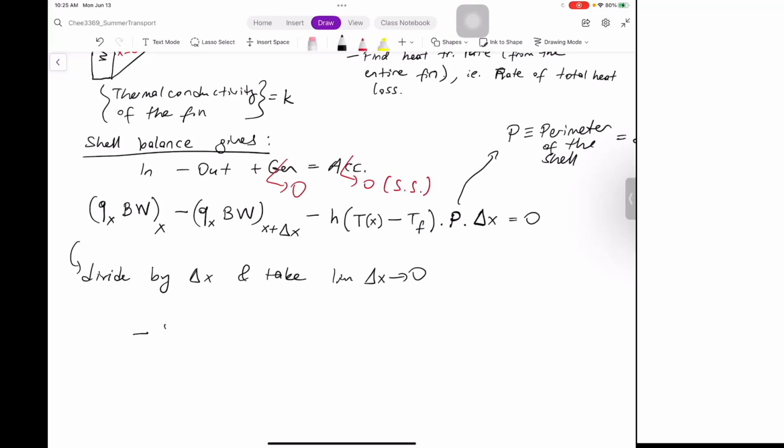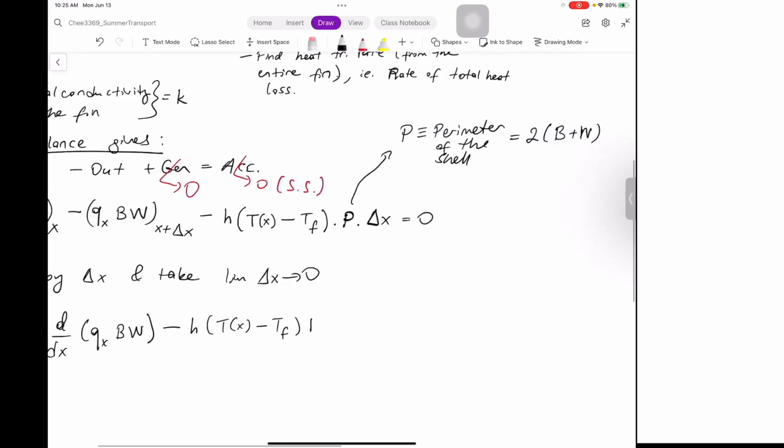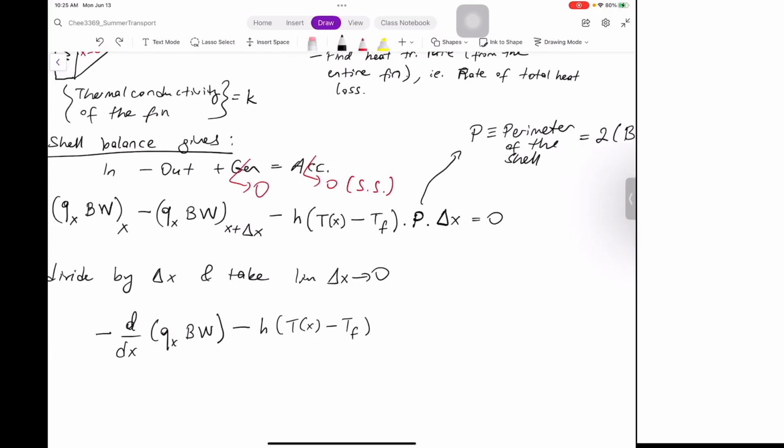You would get minus d over dx of Qx BW, minus h times Tx minus Tf, times the perimeter, which is basically 2 times W plus B. That's equal to 0.